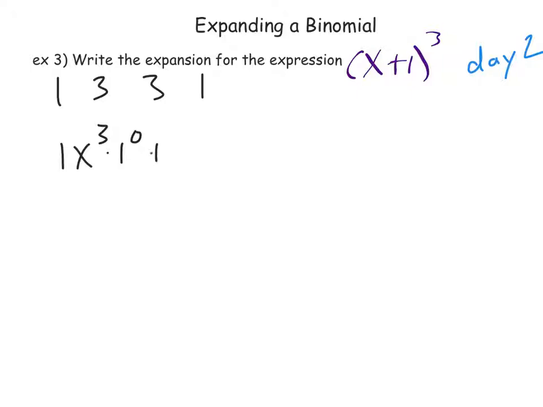So for term number 2, we would have 3x squared times 1 to the first. Okay? We're not going to leave it like this. We're kind of getting everything written out to expand it, and then our second step will be to simplify it.